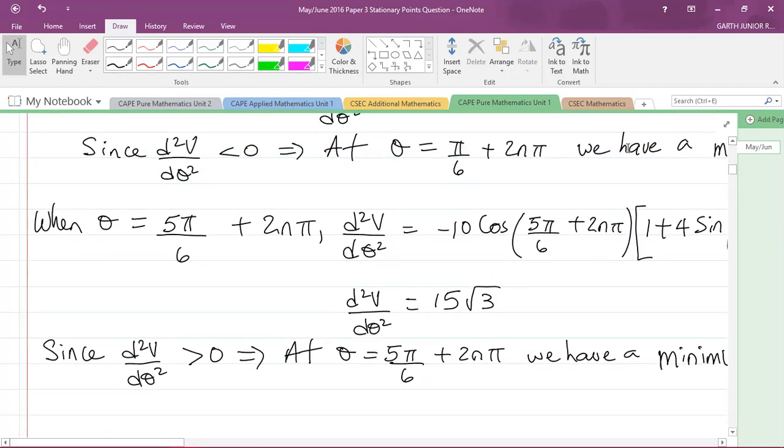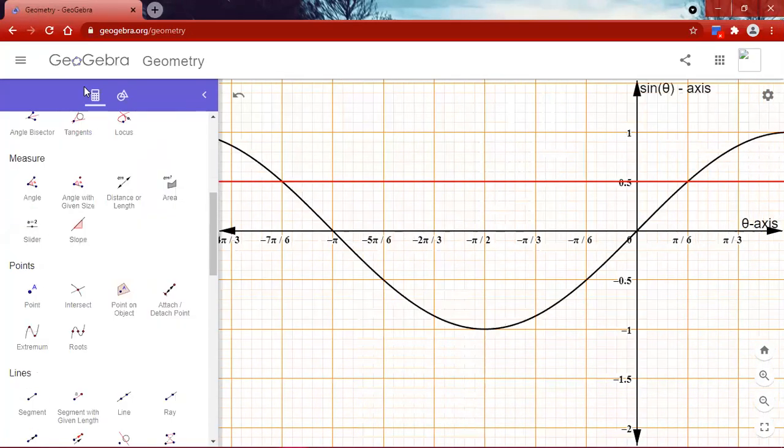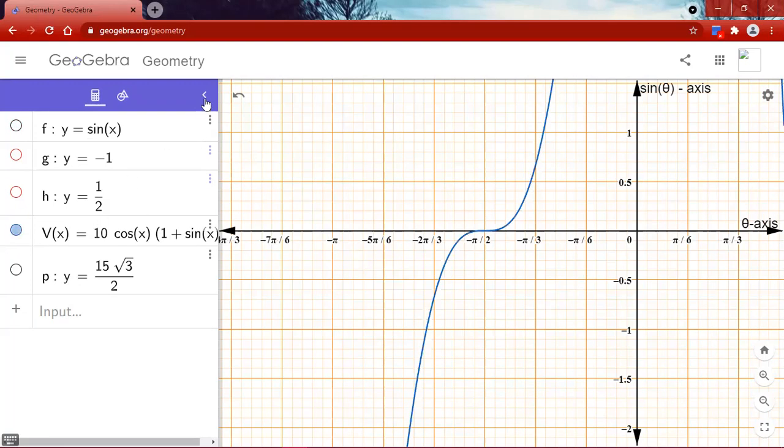I'm going to draw the graph of V, the volume graph, and show you that the nature of these stationary points are indeed true. I just want to get the visual understanding. So you should be seeing my screen now. I'm going to hide the sine wave and the red line, and now pop up the volume graph.